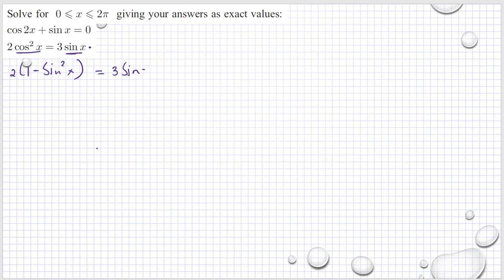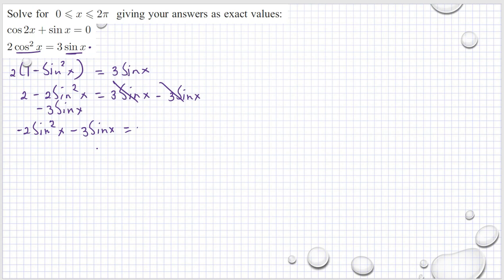Then we have 2 minus 2 sine squared x is equal to 3 sine x. If we subtract both sides of the equation by 3 sine x, such that this is 0, then we have negative 2 sine squared x minus 3 sine x plus 2 is equal to 0.